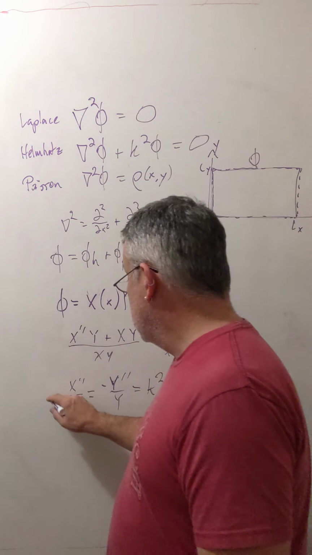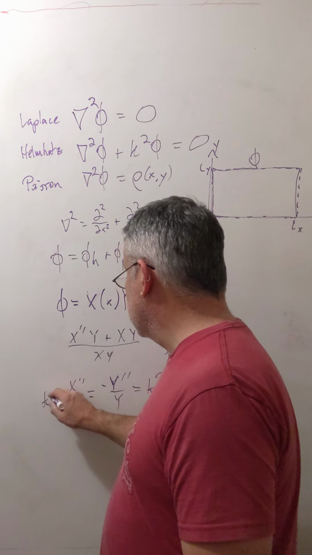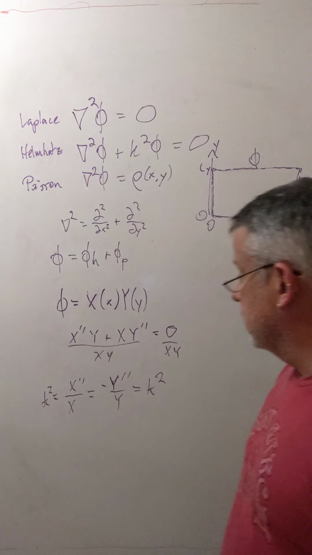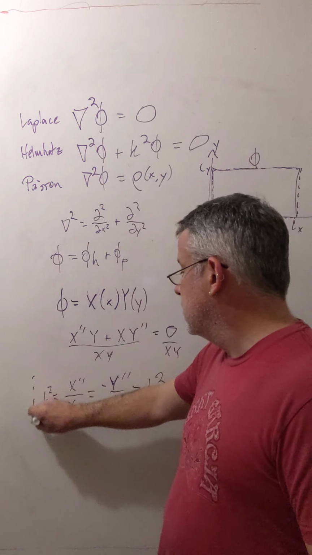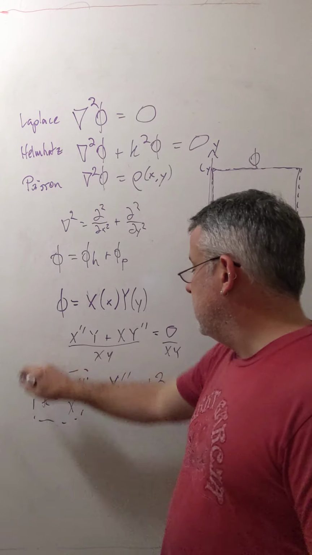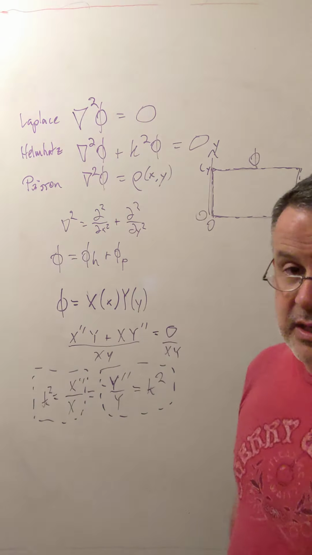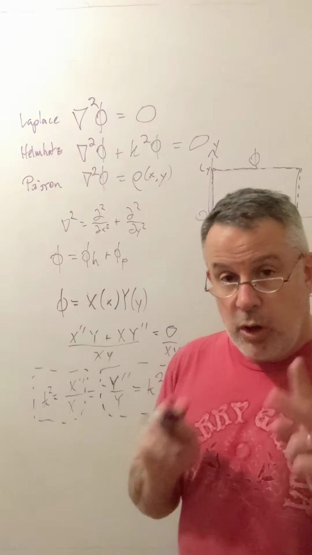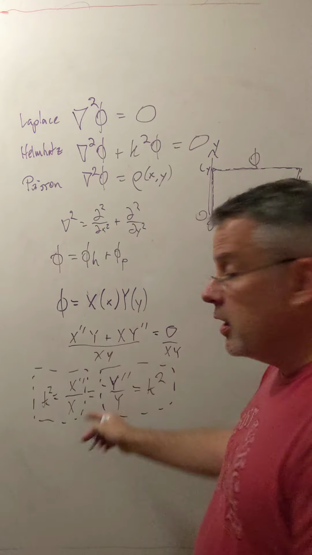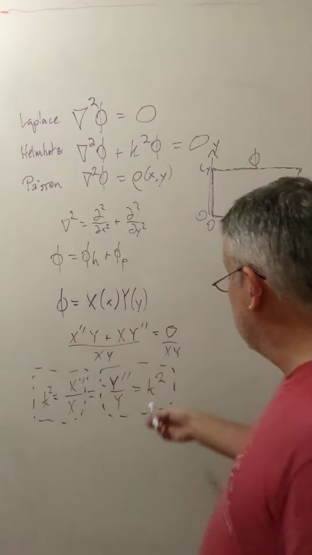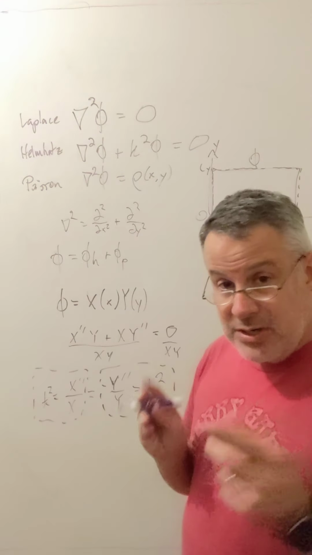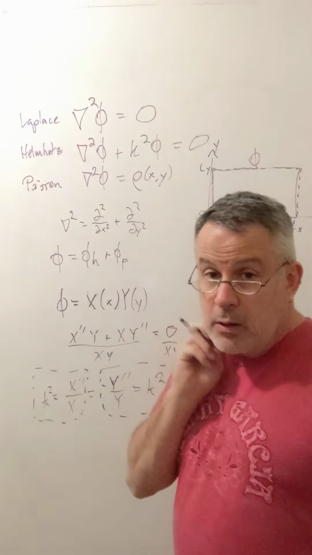And I can set it equal to k squared on both sides, because whatever. Now look at this. That's not a PDE anymore. And look at this. That's not a PDE anymore. We've got two ODEs that are now uncoupled from one another with these separation constants k squared.